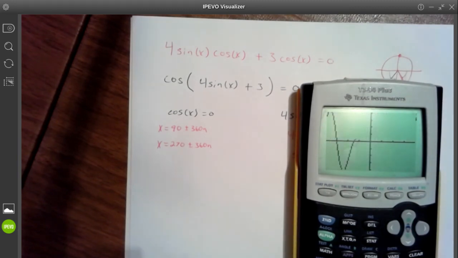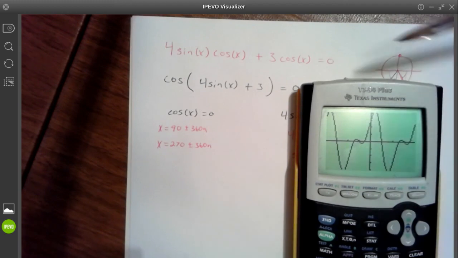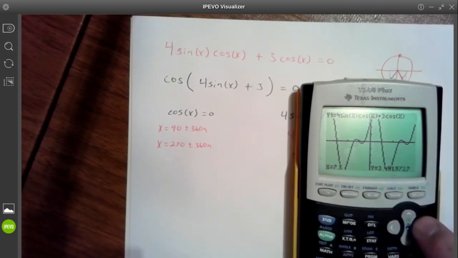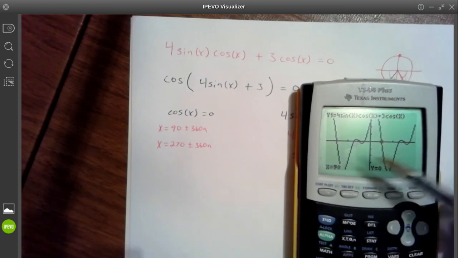It's not your typical sine cosine graph. Now what we're going to be looking at are the places where this function is equal to 0. We're wanting the x-intercepts. Trace. So one of them we could just find right here, 90 degrees.